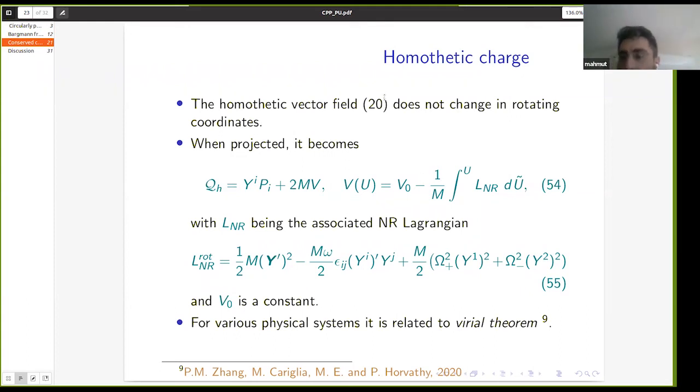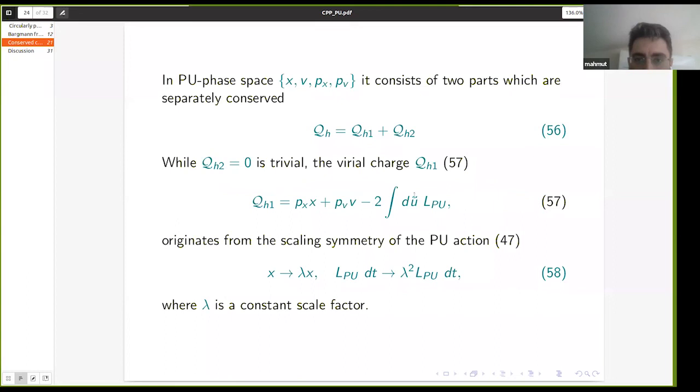So this is a kind of symmetry. It is a scaling symmetry. If you would like to derive a conserved quantity for it, it will be an integral charge, okay?